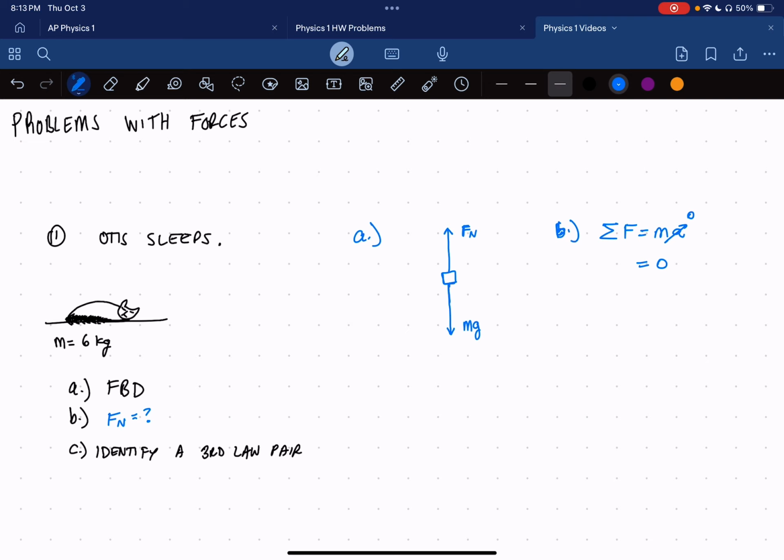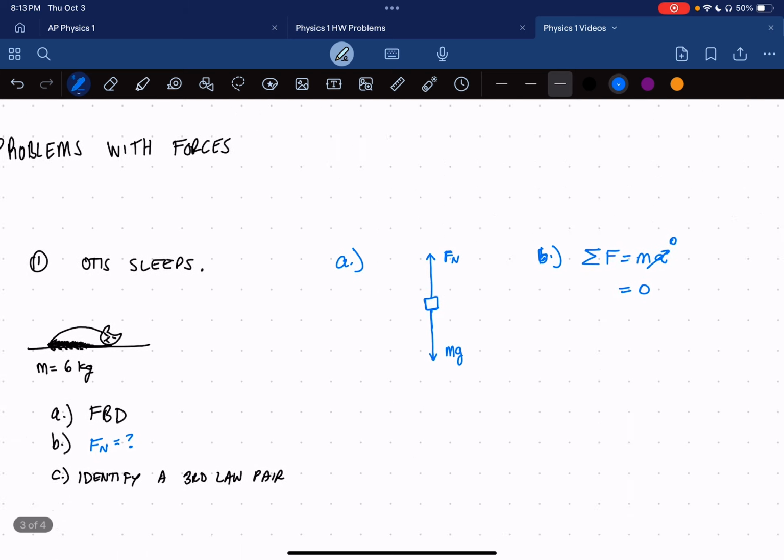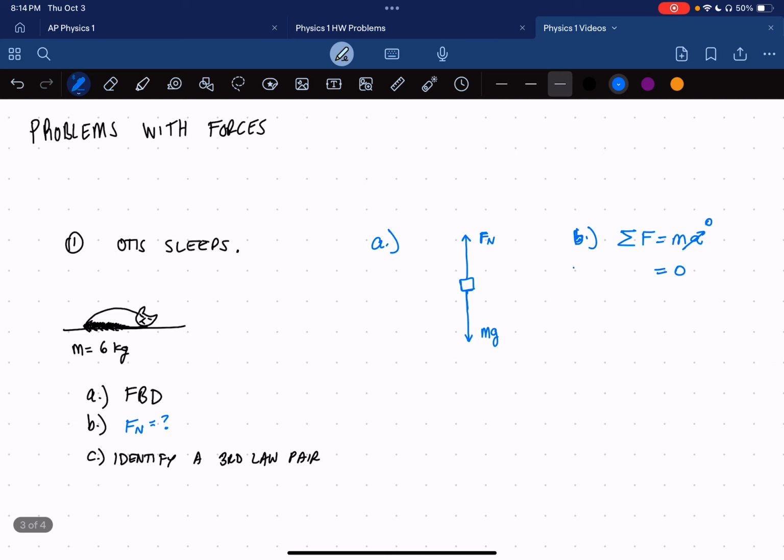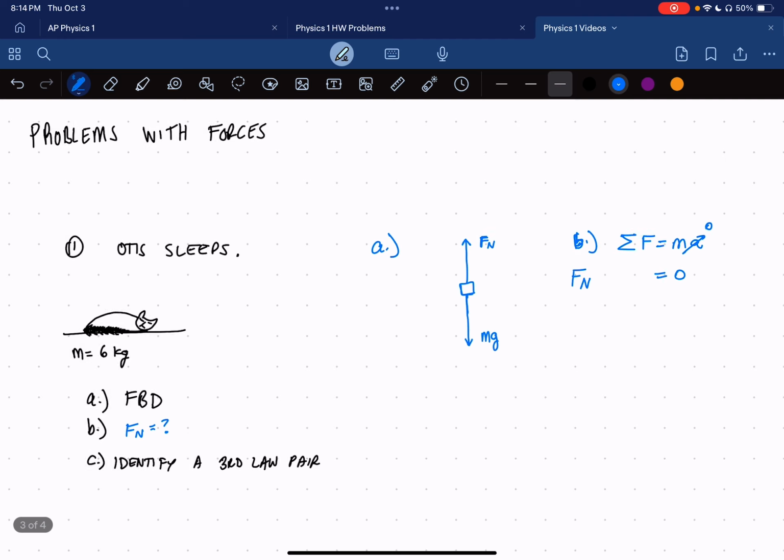All we need to do now is we're going to substitute the forces that are relevant here, and normally the bigger force should go first, but in this case, since neither force is larger than the other, they're equal magnitude, it doesn't matter which one goes first, but I'm going to say Fn first.